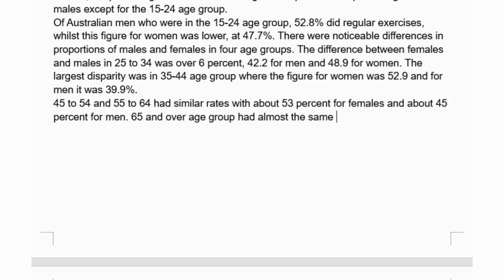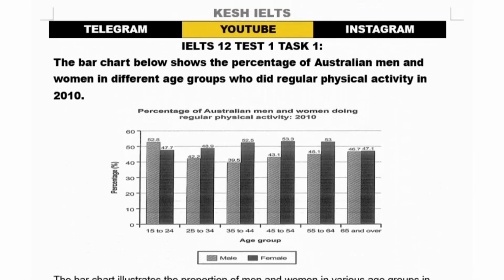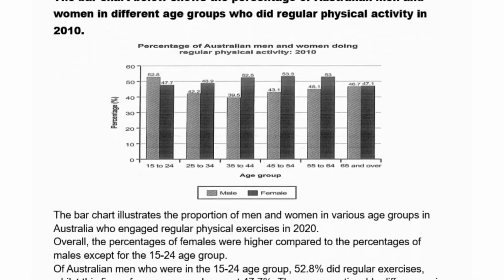Well, we can say percentages which were 46.7% for men and 47.1% for women. Well, that's all about it. We have described this one data clearly in the easiest way possible.